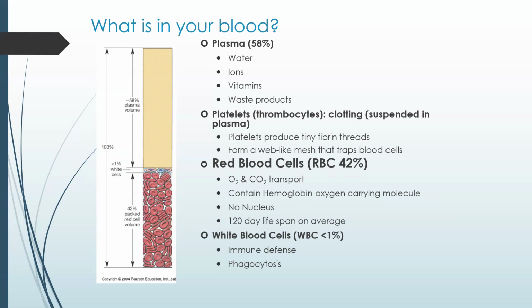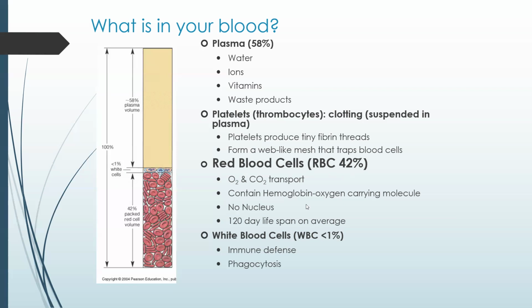So it can be a good thing if you have a cut, and it can also be a bad thing if things are clotting too much, you have buildup. They are suspended in the plasma as well. Platelets produce tiny fibrin threads, form a web-like mesh, and trap the blood cells, and that's how you get that clot. And then there's the red blood cells, which make up pretty much close to the other half.